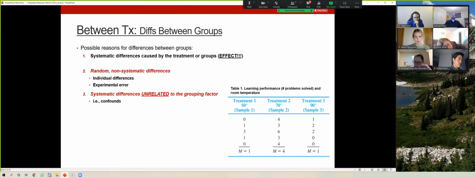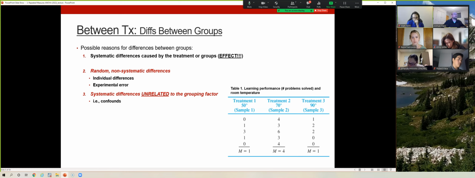I can also see differences due to non-systematic differences, just kind of random stuff, right? I'm seeing differences in my sample means because of experimental error, just individual differences, just stuff that comes up. This is just kind of sampling error. I can see systematic differences in my group means because of other things that I haven't measured, right?